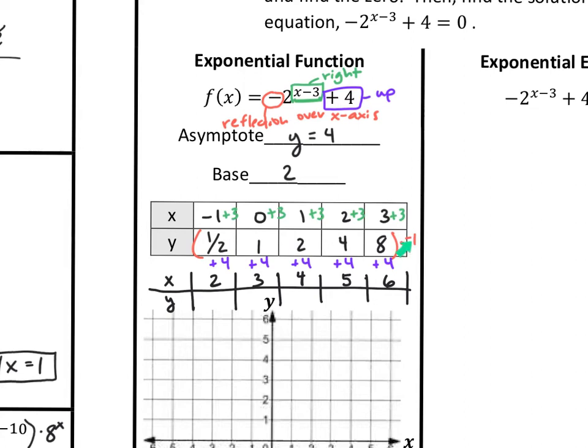I'm going to do the operation or transformation in red and in the purple one. So first one, what is -1 times 1/2? That's -1/2. And then what's -1/2 plus 4? What is that? That's correct, 3.5.